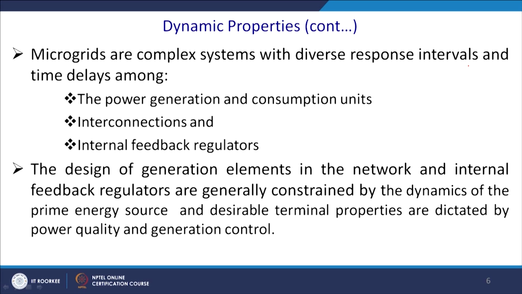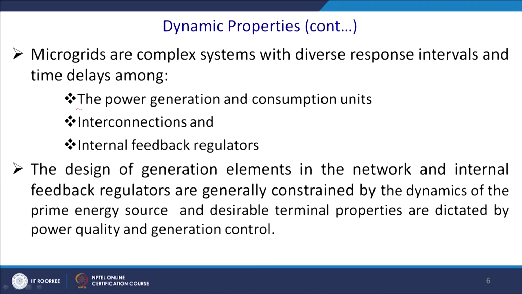It may be connected to a high frequency communication channel, thus there is a delay. It may be communicated to some element through a low frequency communication channel, and there is a switching delay. There is a response time of different kinds of systems, and based on that we can categorize that the power generation and the consumption units will have some delay. So, we have to incorporate it.